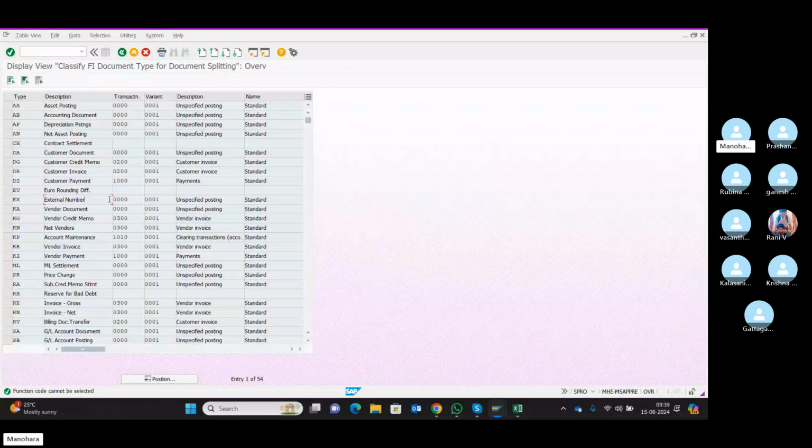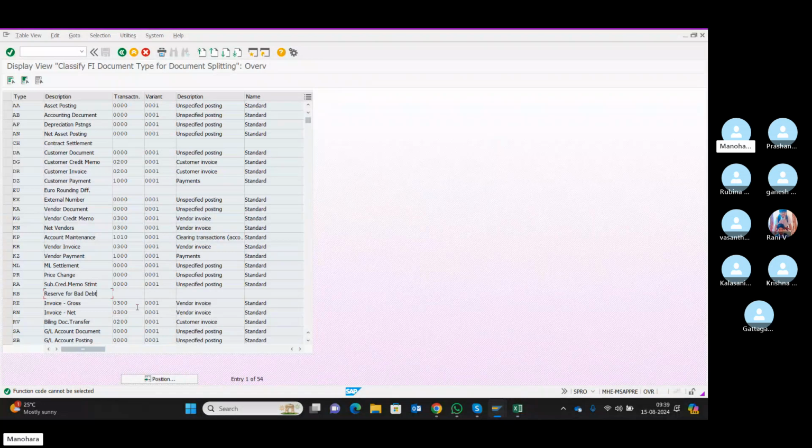For example, KH document is a standard. When you work with a client, the client asks you to create a document, not the standard document. I don't want that, create a new document, as per the client requirement. But here there is no option for new entries for the document. But standard documents are there.